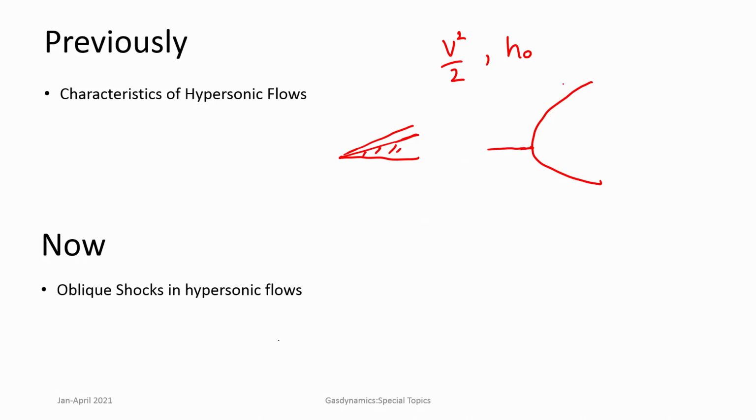And because of the high temperature effects and high heat transfer in hypersonic flow, the way to minimize it is to have blunt shapes. Almost all hypersonic vehicles have blunt shapes, but a blunt shape produces a bow shock of this nature.